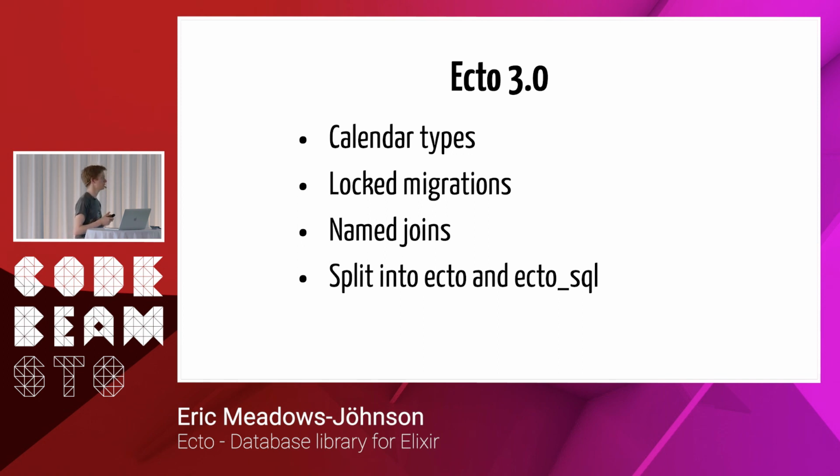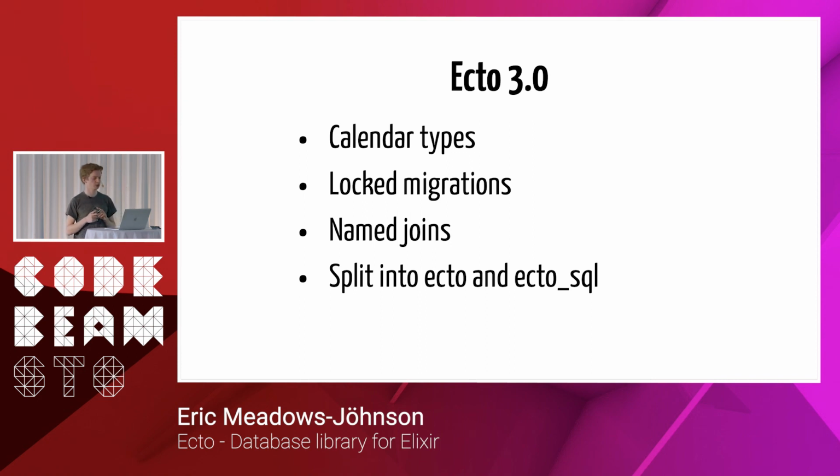Finally, we are splitting the pure and the impure stuff of Ecto. So a common feature request has been that people want to use changesets to, for example, do data validation, but they are not talking with a database. So they don't want to bring in all the database adapters and all the database specific stuff.